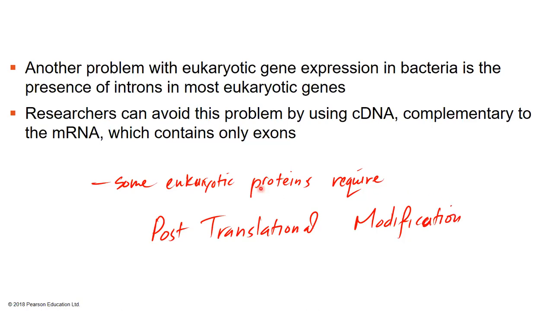So some eukaryotic proteins, in order to become active, need post-translational modification. They need to receive some chemical groups, and bacteria cannot carry out post-translational modification. So the protein will not be active. It will not be produced in its active form. Okay?